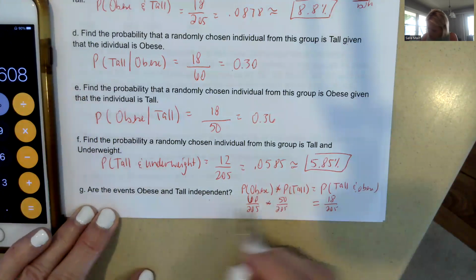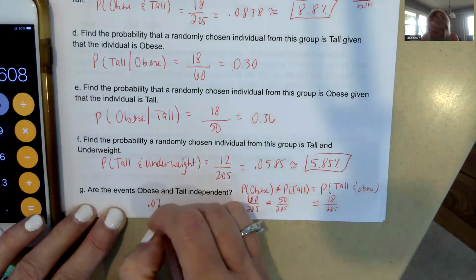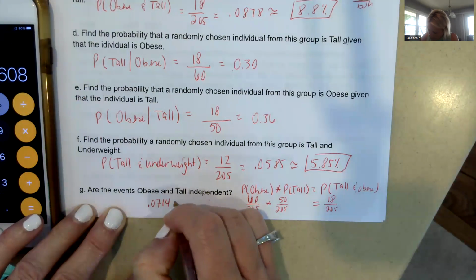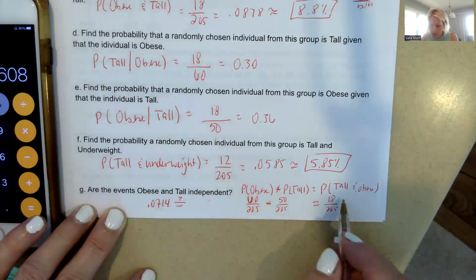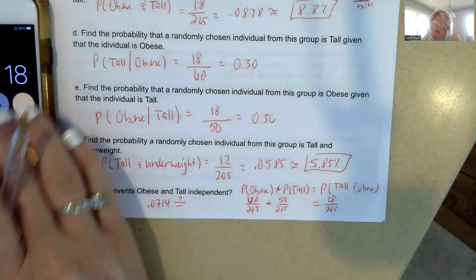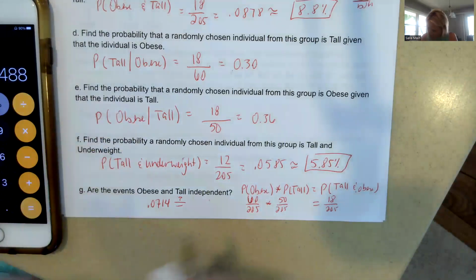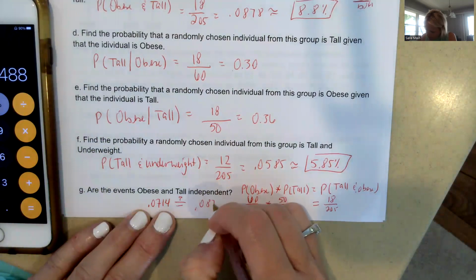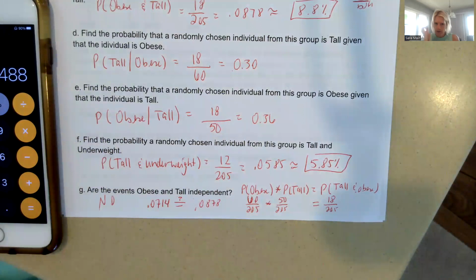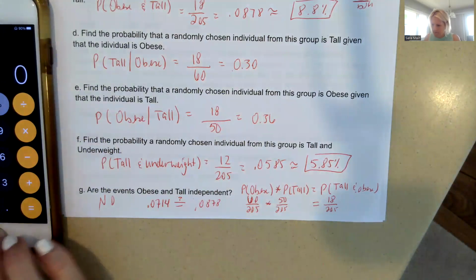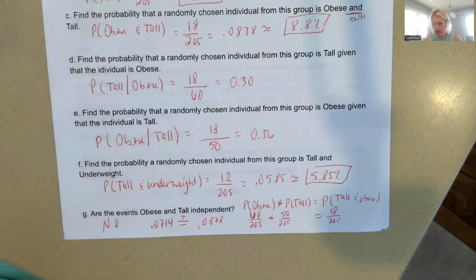So probability of obese times tall is equal to 0.0714. And we're questioning, is that equal to obese and tall? And that's 0.0878. So no, they are not independent. They are definitely dependent.